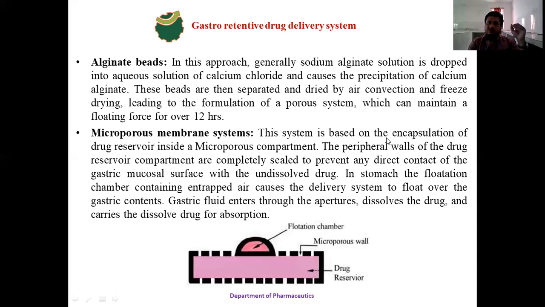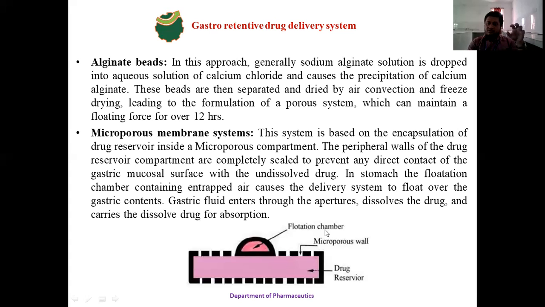So this system is based on the encapsulation of a drug reservoir in a microporous compartment. You can see that this is a reservoir type system which has a polymeric wall with micro-size pores.